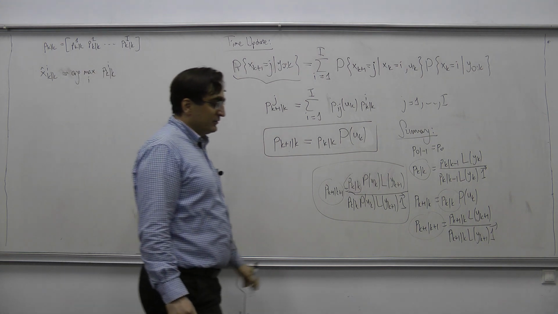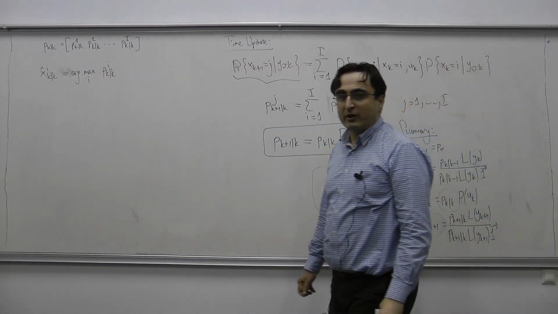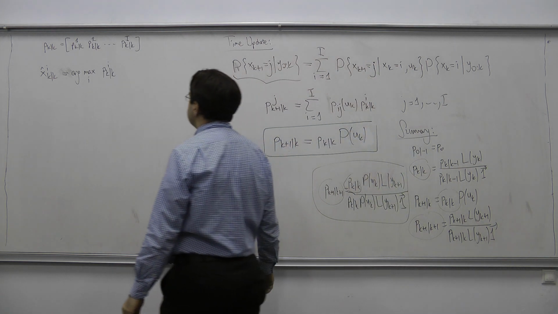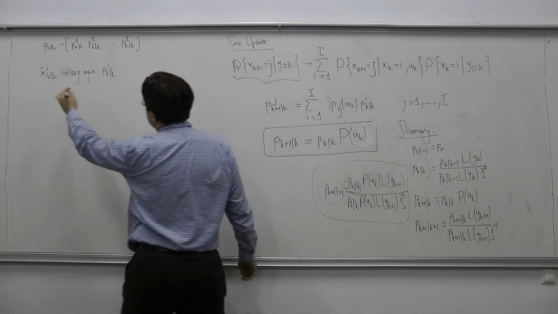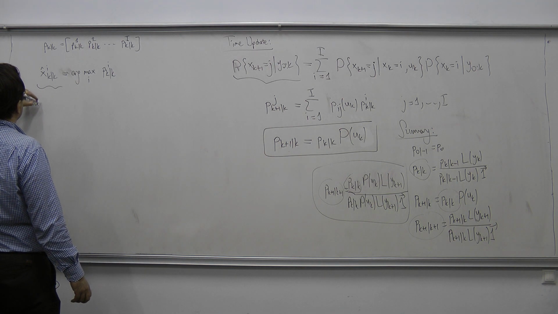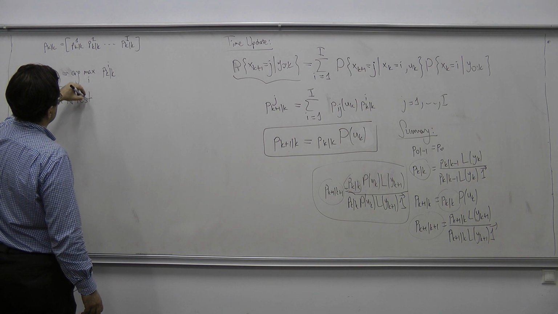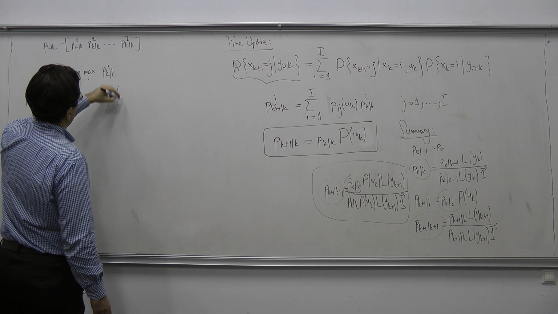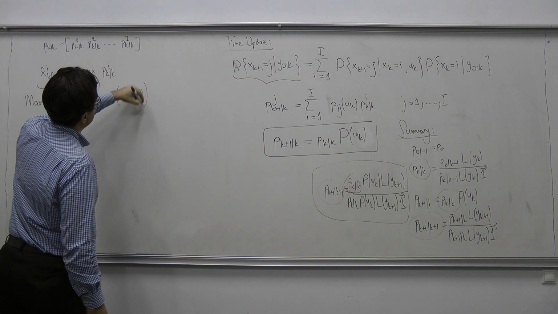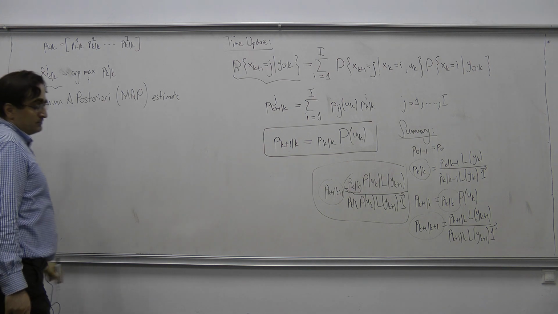I choose the state which has the maximum posterior probability. Okay? And this type of estimate in estimation theory literature is called maximum a posteriori or MAP estimate of the state. Okay?